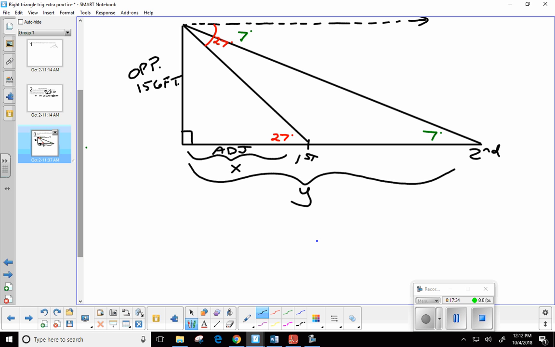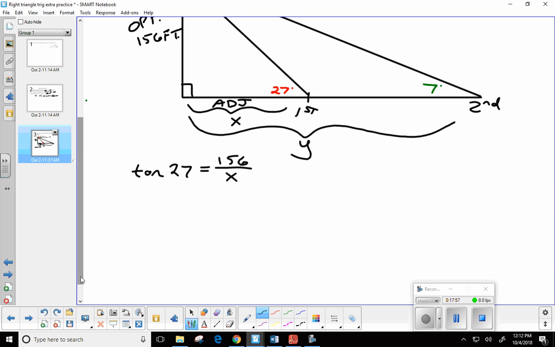What trig functions would work with an opposite and an adjacent? Tangent and cotangent. Which one would you like me to use? Tangent? Okay. So tangent of 27 degrees equals the opposite 156 over the adjacent x.